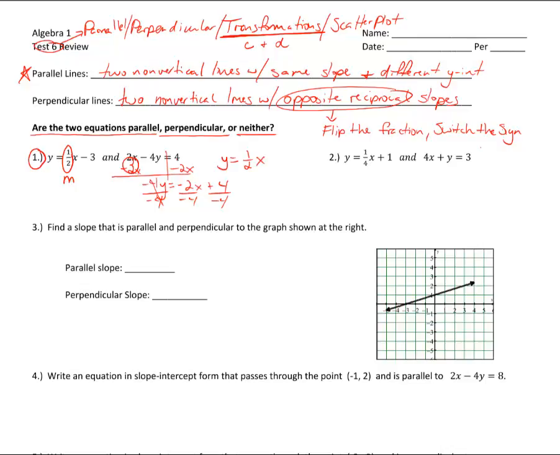And then positive 4 divided by negative 4 is negative 1. So 1/2 and 1/2, are those both the same? Yes, they are. Since the two equations have the same slope, are they parallel, perpendicular, or neither? They should be parallel.